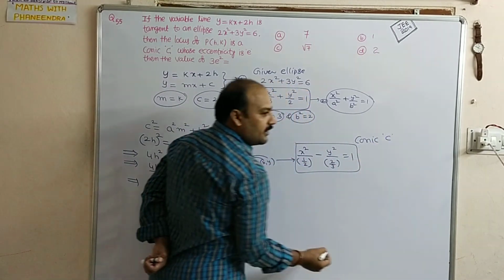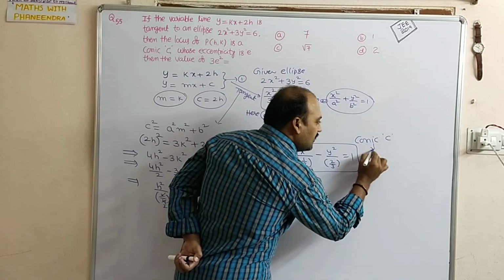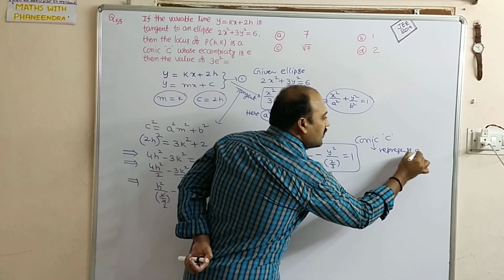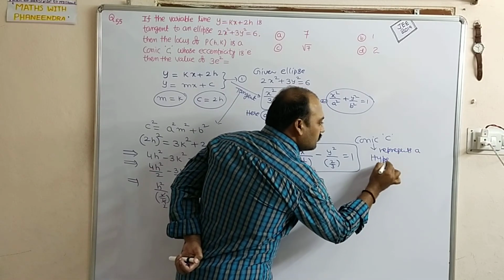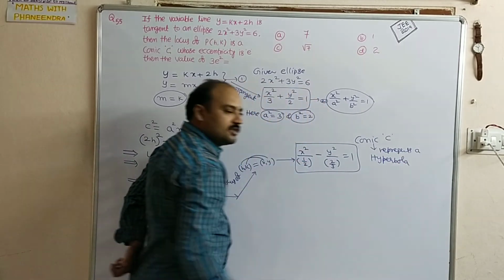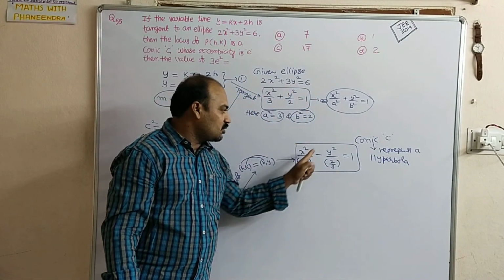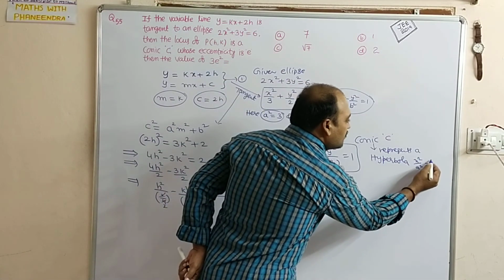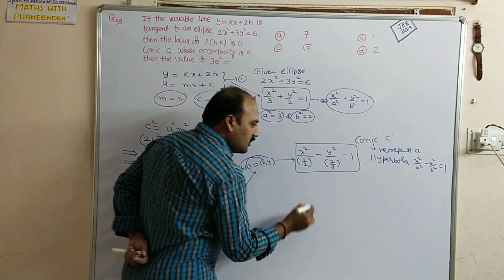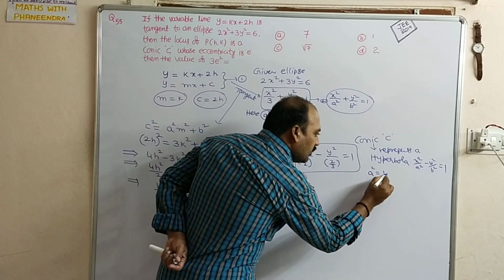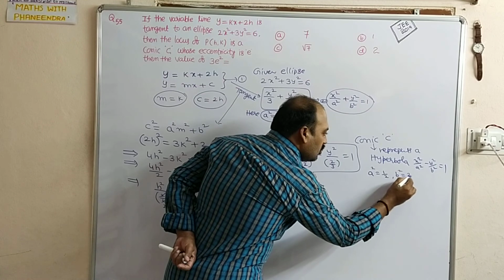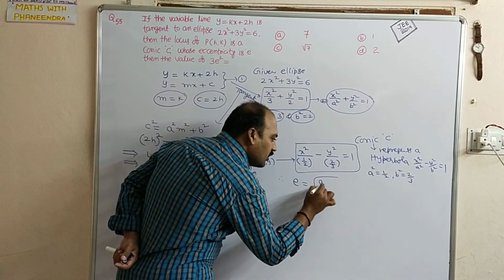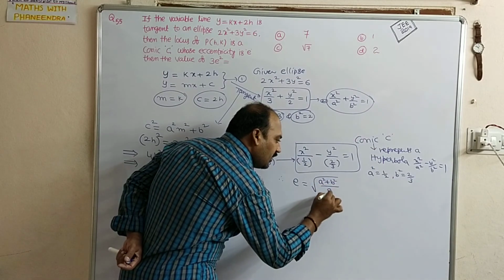Conic C represents a hyperbola. It is in the form of x square by a square minus y square by b square equal to 1. So where a square is equal to 1 by 2, b square is equal to 2 by 3. So therefore eccentricity E equal to square root of (a square plus b square) by a square.